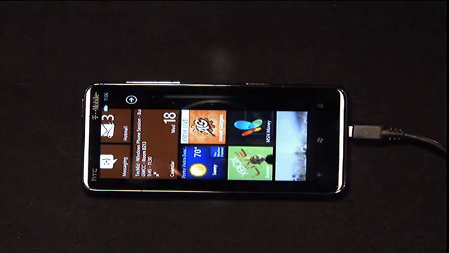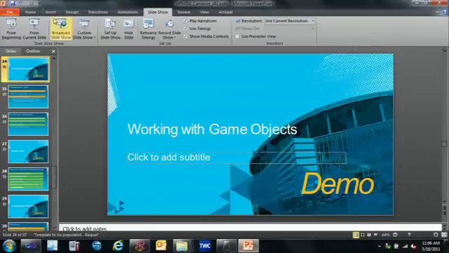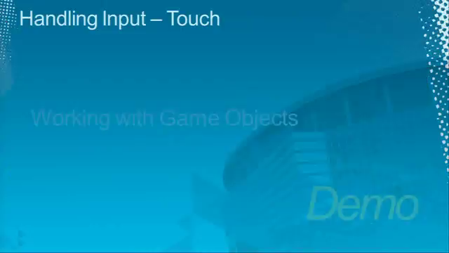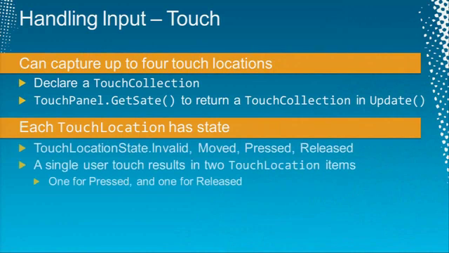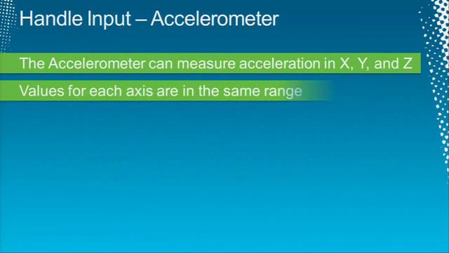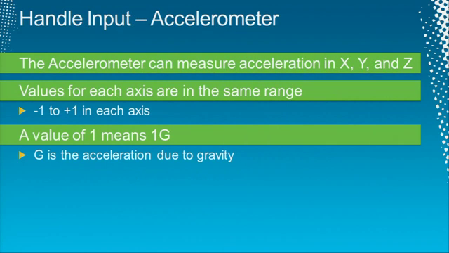All right, let's go back to slides. So we talked about the touch collection. It's a great thing to use the touch panel within Silverlight as well. You can have the different states. Remember, each touch is two states. We showed the accelerometer and how we were measuring it. It's generally a value less than 1.